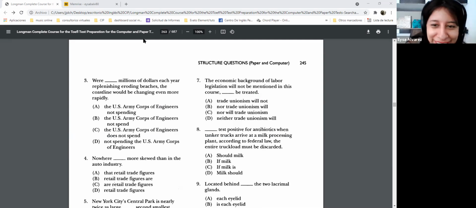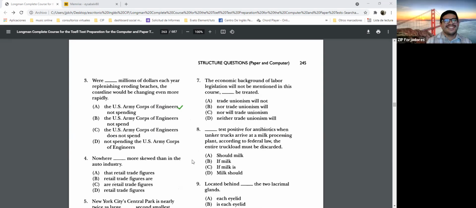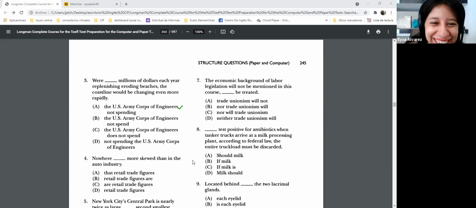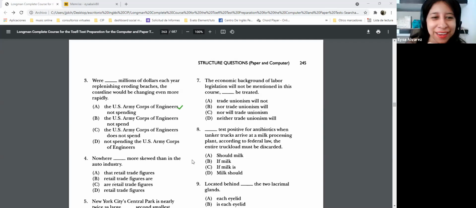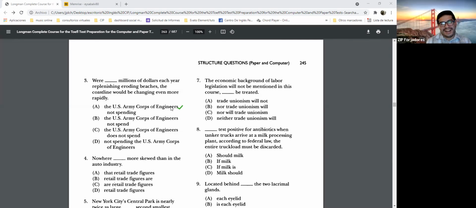In number three, I chose the letter A one more time, but I'm not sure. Correct. I doubted this one. Explain it. I was thinking that it's with the "if" word maybe. Yes, but you have to omit it if it's a conditional.